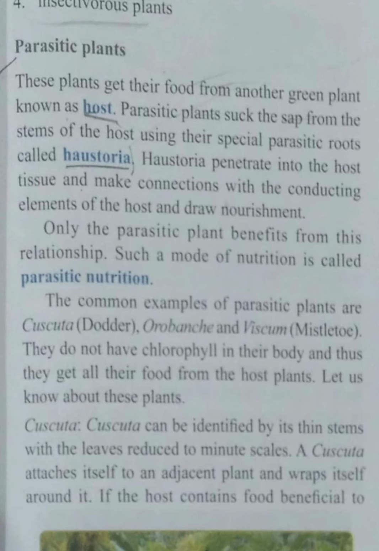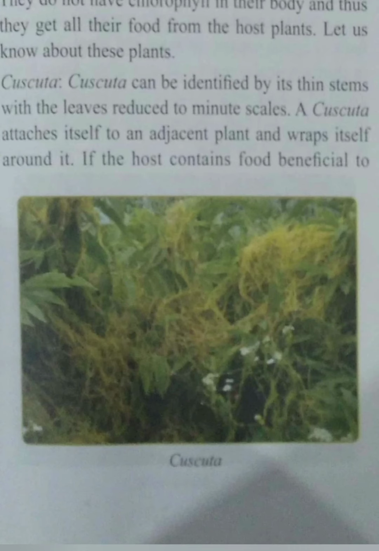Cuscuta. Cuscuta can be identified by its thin stems with the leaves reduced to minute scales. A Cuscuta attaches itself to an adjacent plant and wraps itself around it. If the host contains food beneficial to Cuscuta, the latter produces haustoria that penetrate the vascular system of the host.